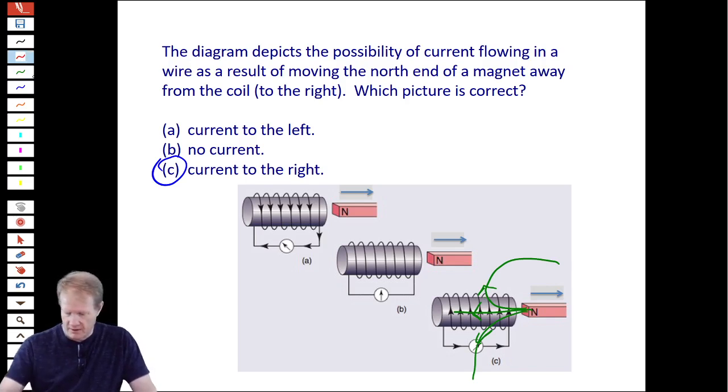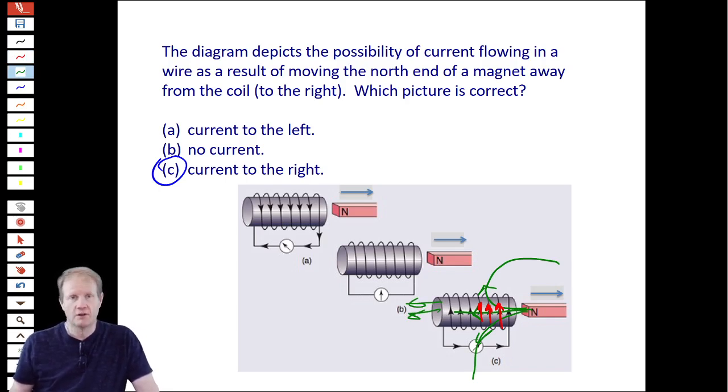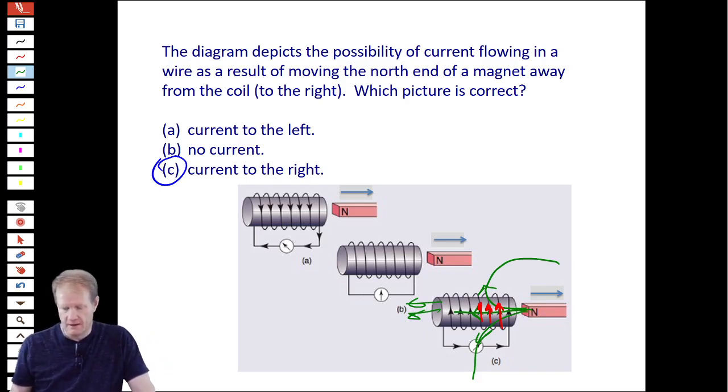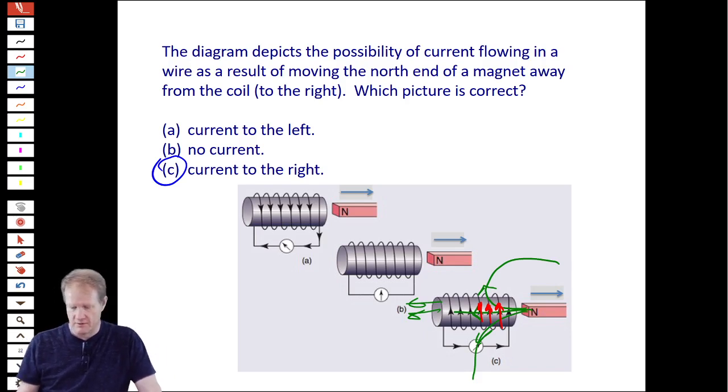So if my current is going like this, I can wrap my fingers around the solenoid in the direction of the current, and then my thumb would point in the direction of the magnetic field that current would make. And so you want a current such that it would make magnetic field to the left, and then as you're pulling that magnet away, it's going to try to keep some of the same magnetic field there. So that's the direction of the current by Lenz's law and the right-hand rule.